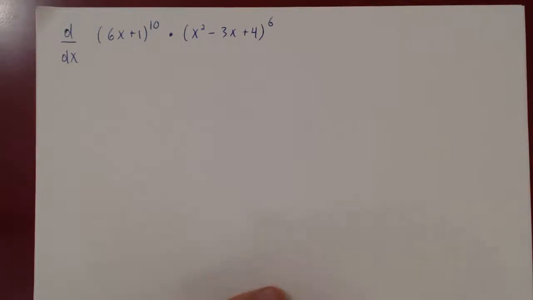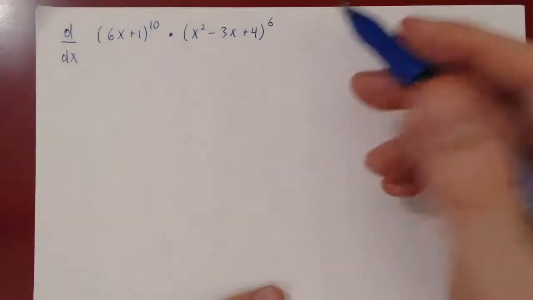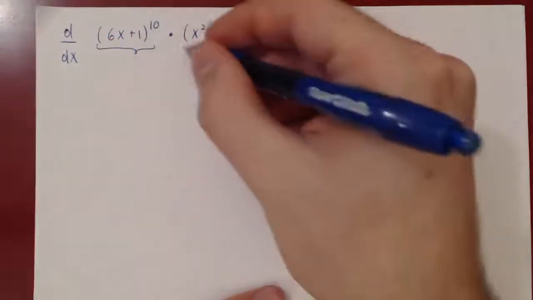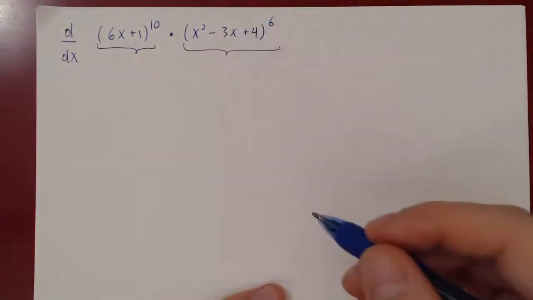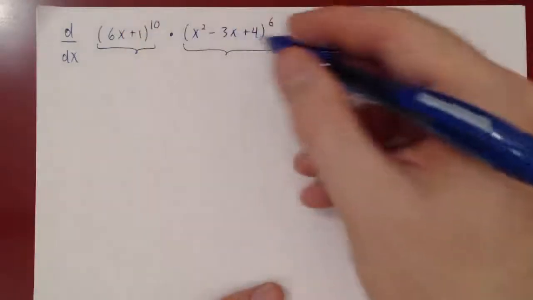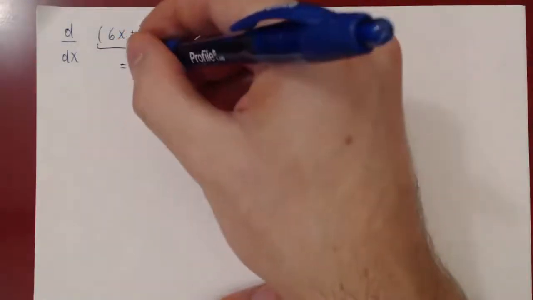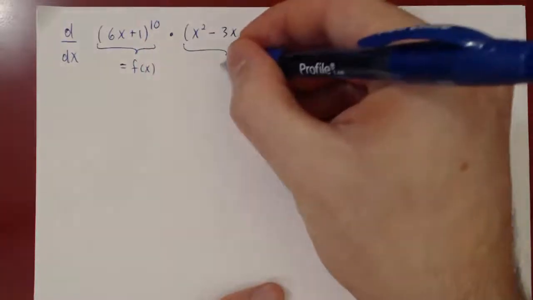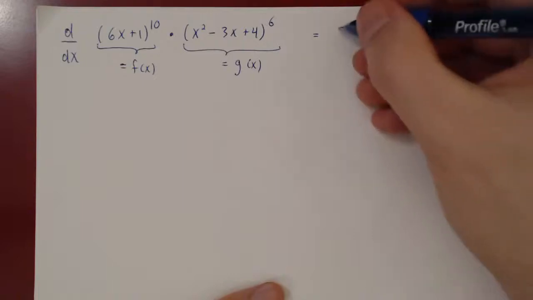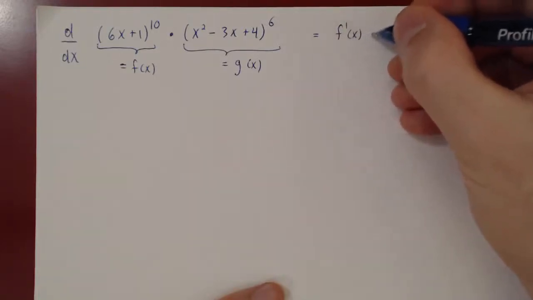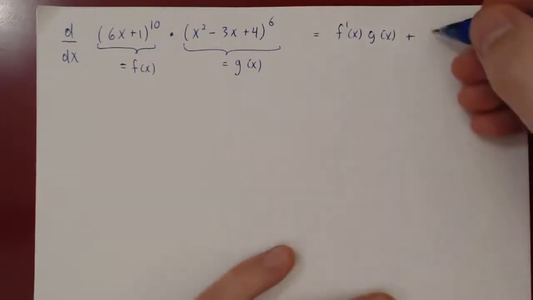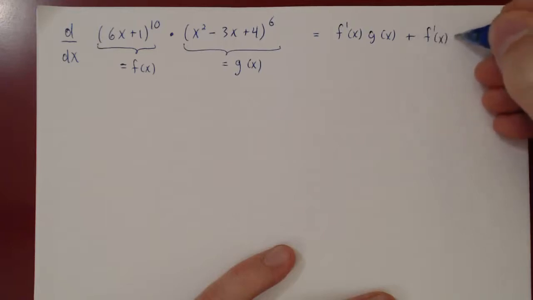So right away here we have to find the derivative of this product, so we have to use the product rule. So this is the first function. This is the second function. And if you remember, the product rule says all you need is the derivative of the two individual functions. If you call this f of x, and you call this g of x, the product rule says that this will be the derivative of the first function times the second function, plus, and now we flip the role of the derivative, so plus the first function times the derivative of the second.